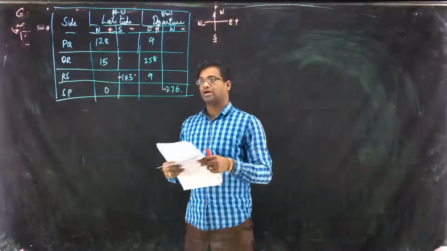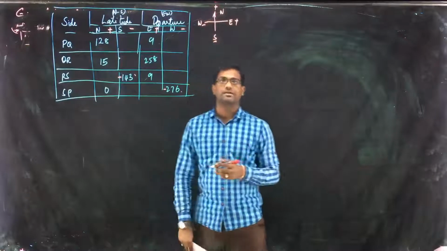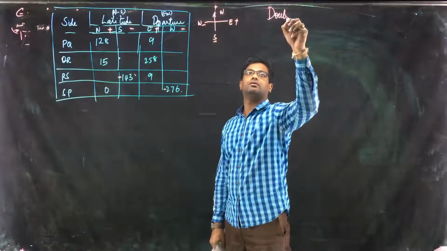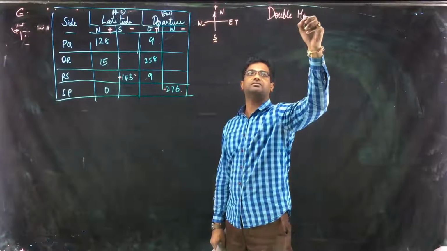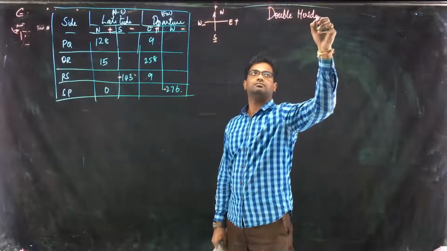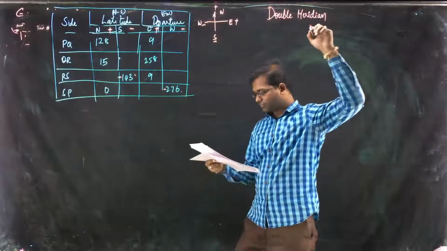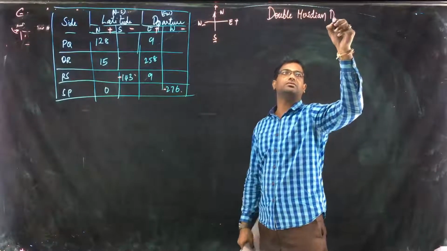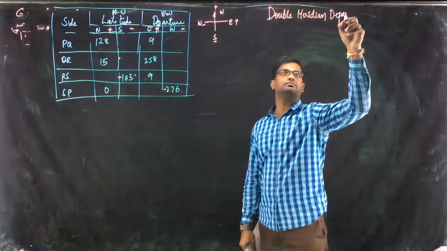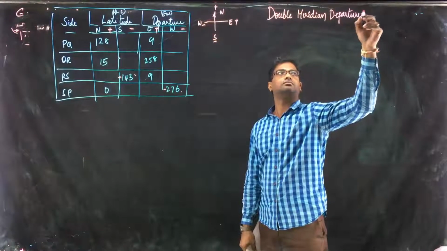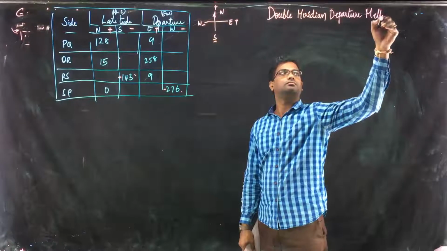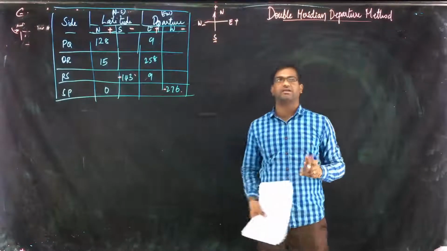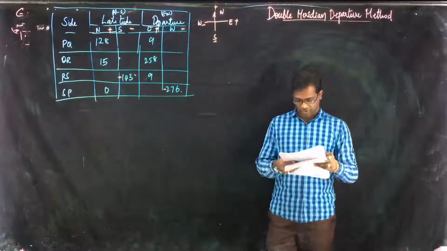So fine. Now we use a method called the double meridian departure method. Now what is this double meridian departure method all about?